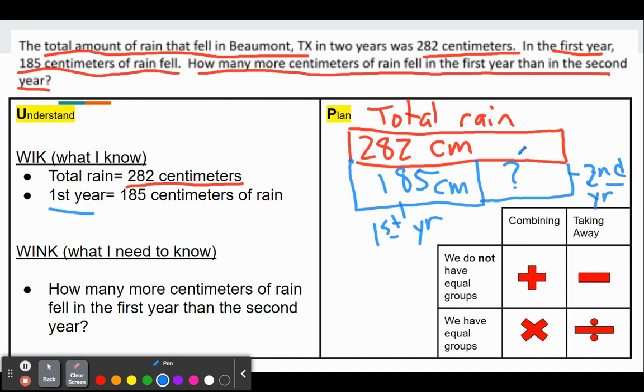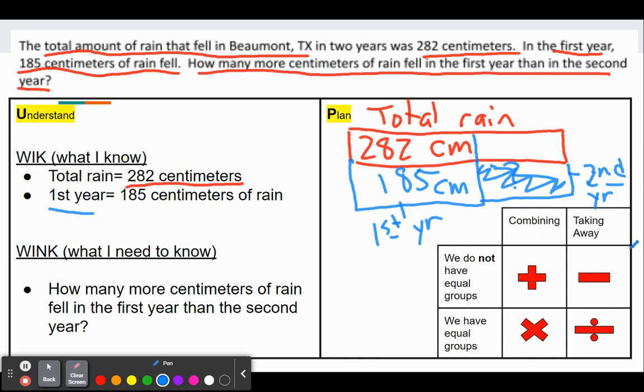In order to figure out how much rain fell in the second year, I have to figure out the difference, because this much right here was 185. I know that, and I have to figure out how much is left over. So I have to take away 185 from 282 to figure out how much is in this portion right here. So I need to take away.